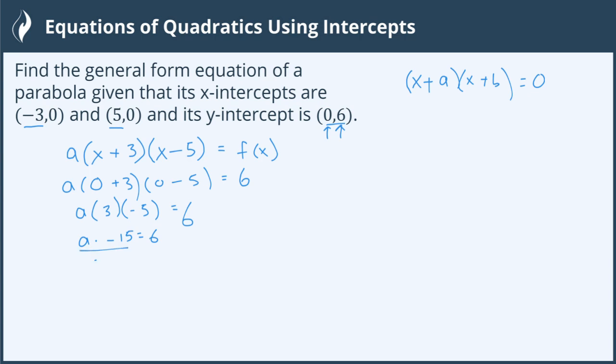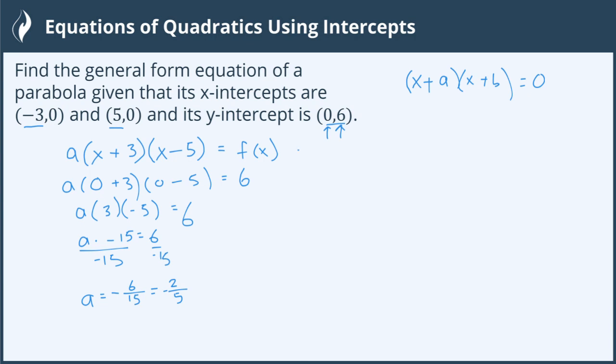Let's divide both sides by -15. And I get a equals -6/15. So this isn't a nice whole number, but we can reduce this a little bit, recognizing that 3 goes into both of these. So 6 divided by 3 is 2. 15 divided by 3 is 5. Don't forget the negative. So now we know that a is -2/5.